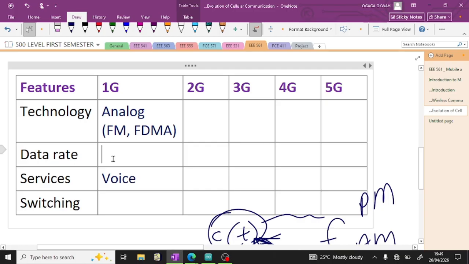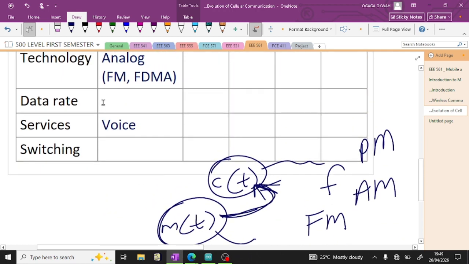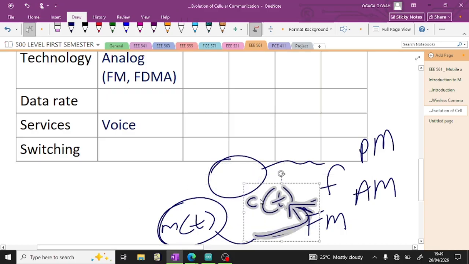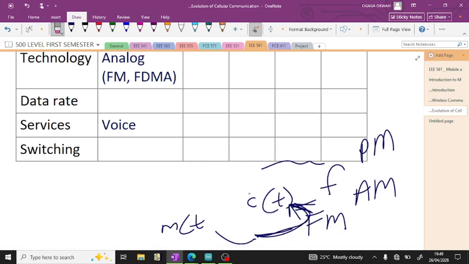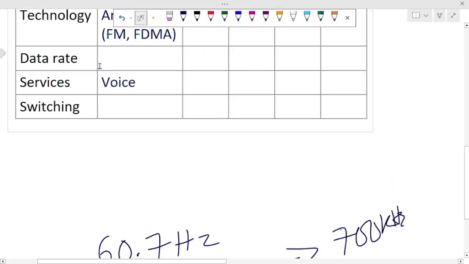Data rate. What is the data rate of the first generation? Please, when you hear data rate, your mind should go to what? Bits. Bits, ones and zeros. Let me wipe these out so that I can do my next write-up. Whenever you hear data rate, bear in mind, guys, we are talking about bits.